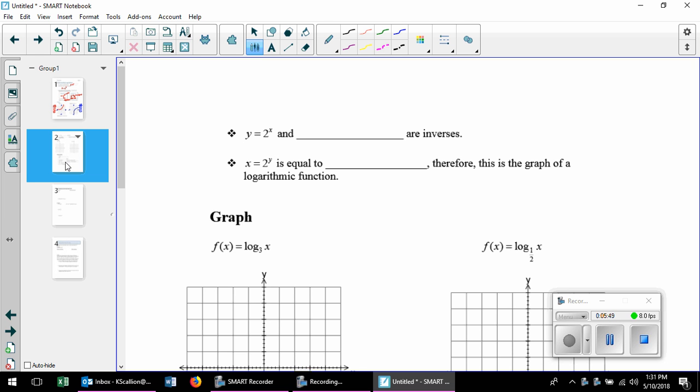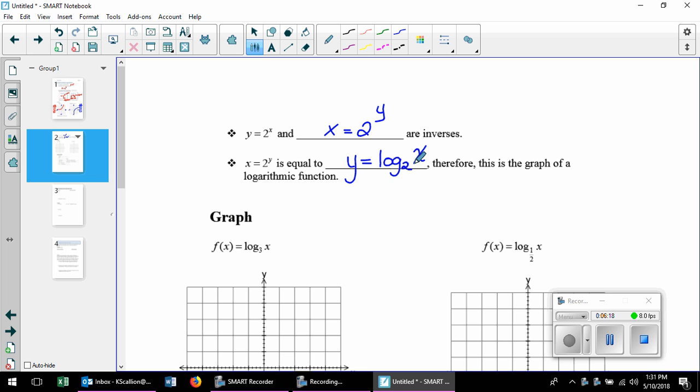So what's the inverse to this equation? x equals 2 to the power of y. Write that as a logarithm. y equals log base 2 of x.